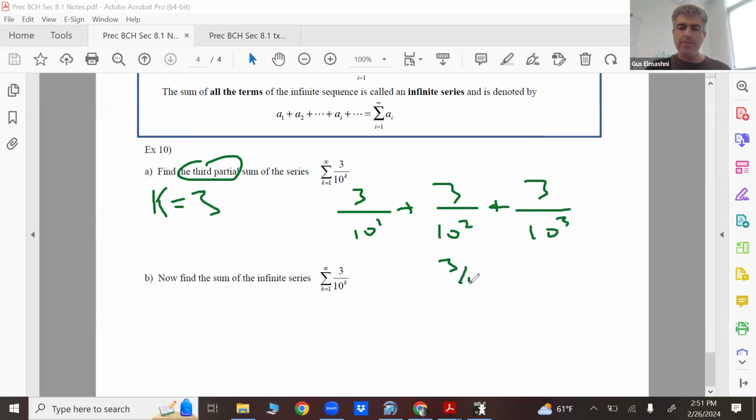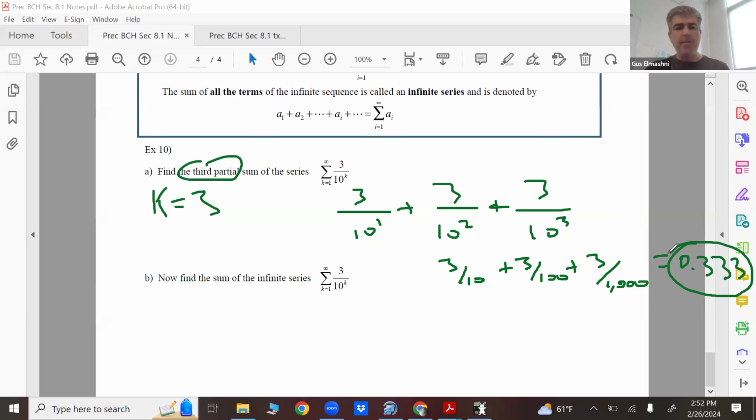So you get 3/10, and just add them up, which I think is 0.333. So what do you think this is going to be generally overall? What do you think is happening? Just add a 3. Yeah, pretty much.